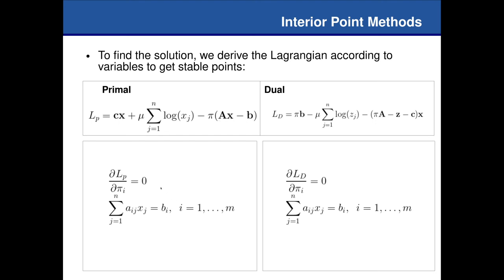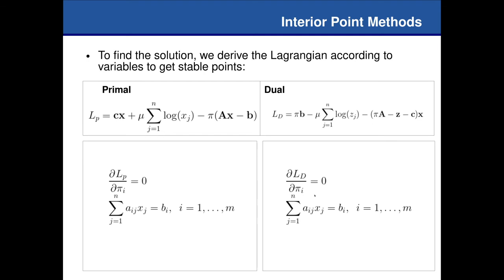It is here, in terms of a given row, of course, a given constraint i. Over here, take a look at what happens with the dual form: if I differentiate in terms of pi_i, I will have the same primal feasibility, or primal constraint. So I have the same primal constraint.